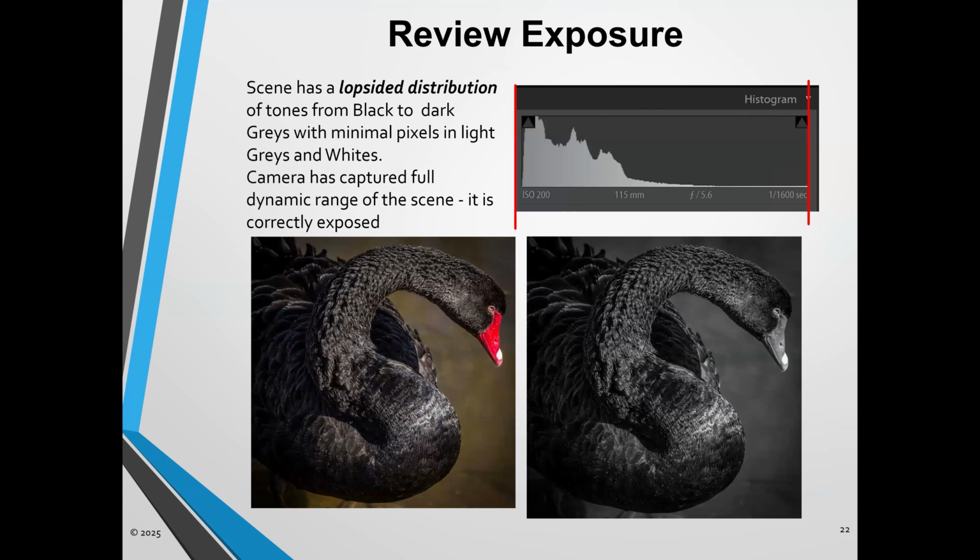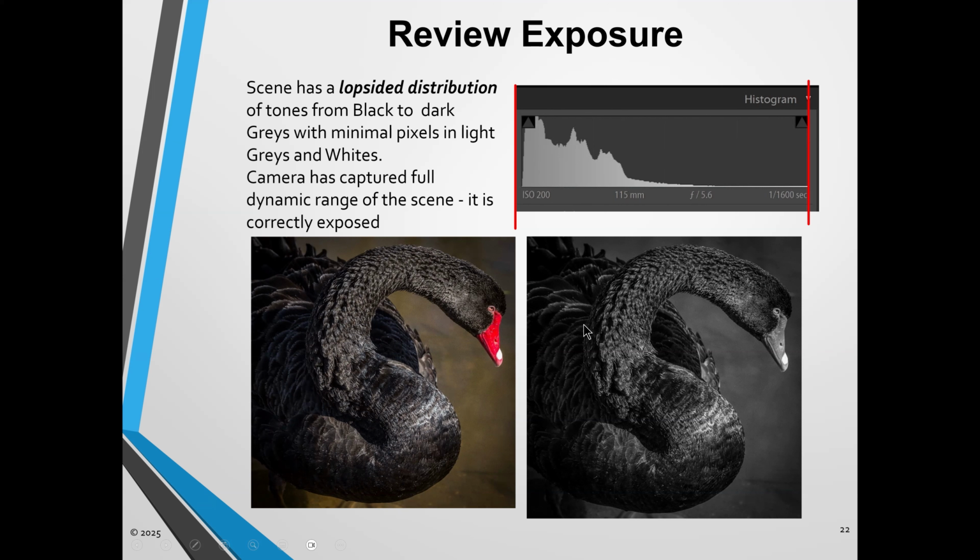Again, a black swan against a muddy dark background is not an easy exposure to do. And yes, most of the image is charcoal greys and dark muddy browns, and so my histogram's showing that. I have got some really quite black areas down here, but you can see the detail.